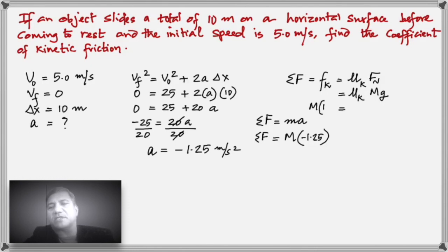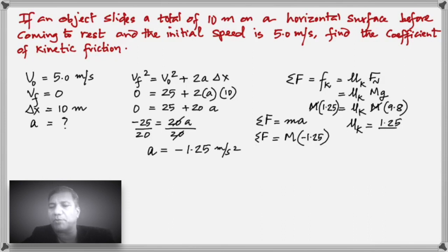Mass of the object is not given. So we'll substitute it here for the net force and set it equal to mu k times mg. Now you can see that the masses do get cancelled from both sides, and we can find out the value of coefficient of friction.